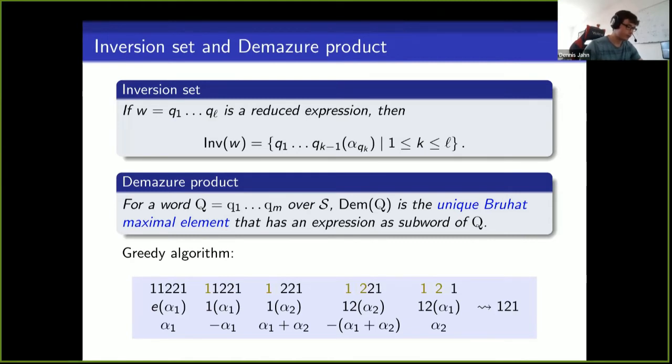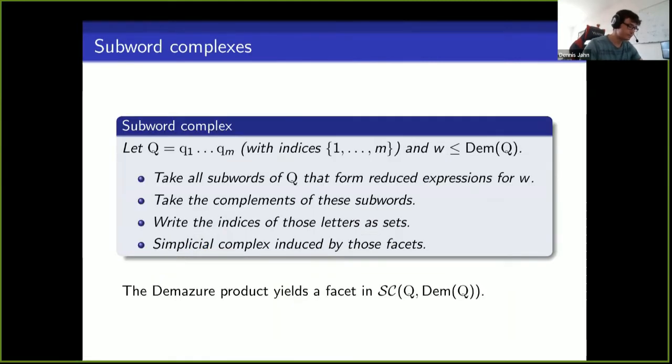Okay, now to subword complexes. The input datum to compute the subword complex is a word over S, not necessarily reduced. We have here indices of these letters 1 to m, and we have an element w that is smaller or equal to the Demazure product of Q in Bruhat order.